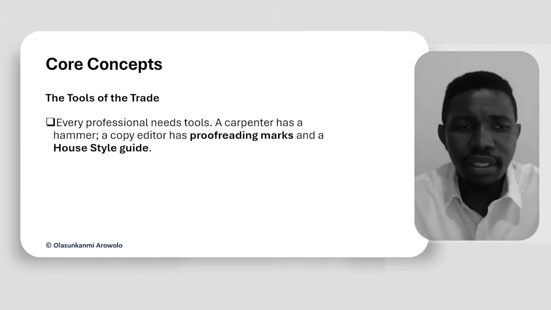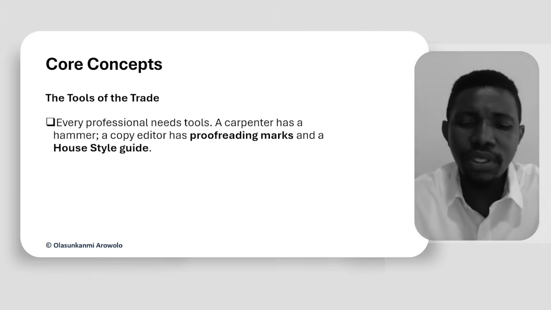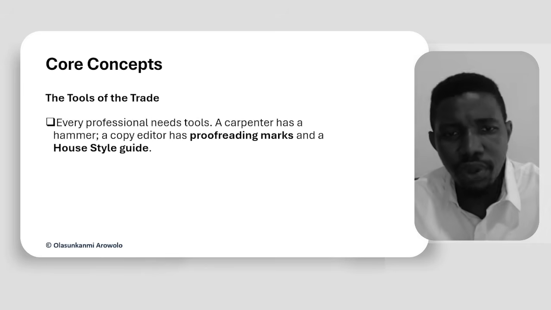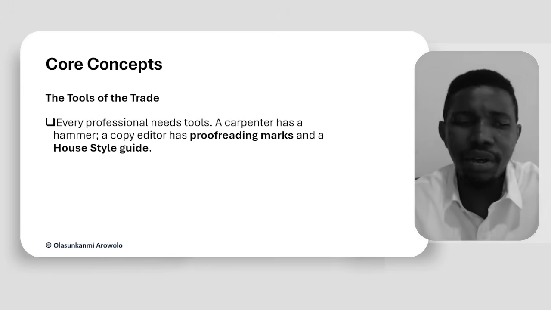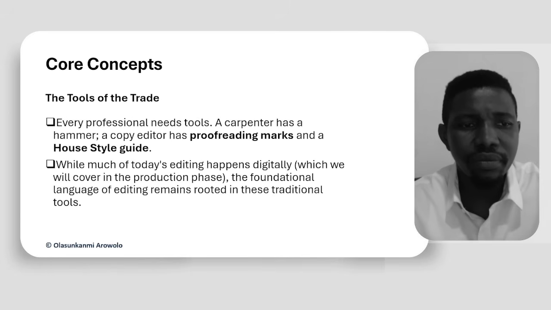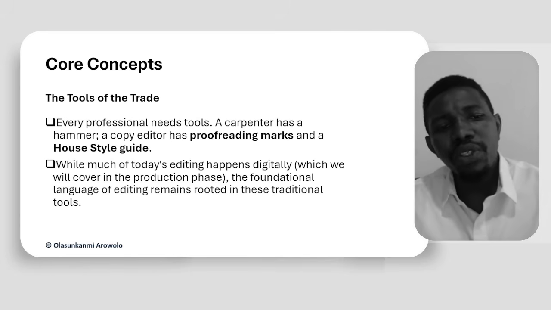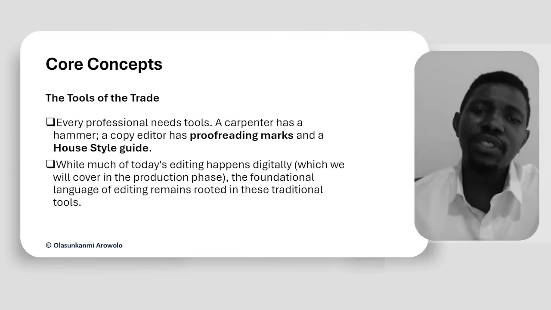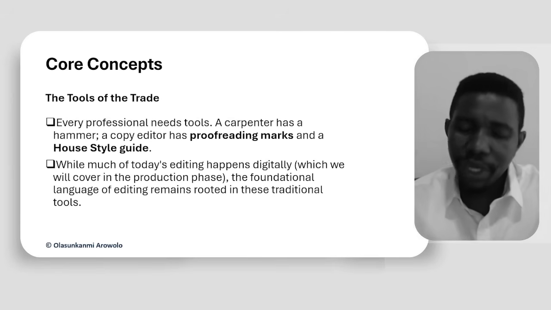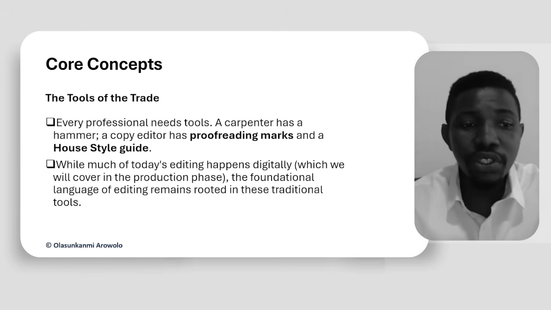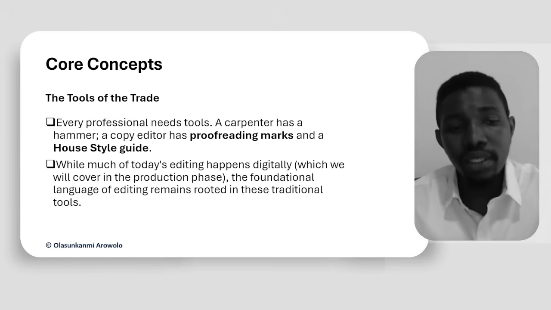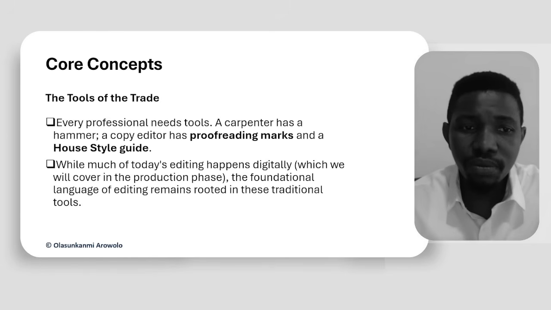But the copy editor uses professional marks and intellectual ability, to be able to process and also see from the end user's perspective. While much of today's editing happens digitally, which we will cover in the production phase of this course, the foundational language of editing remains rooted in these traditional tools: traditional proofreading marks, styles, and approach.